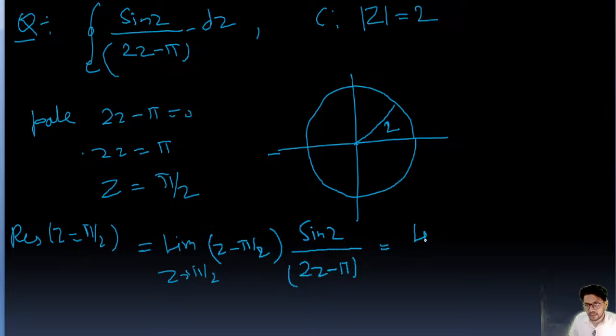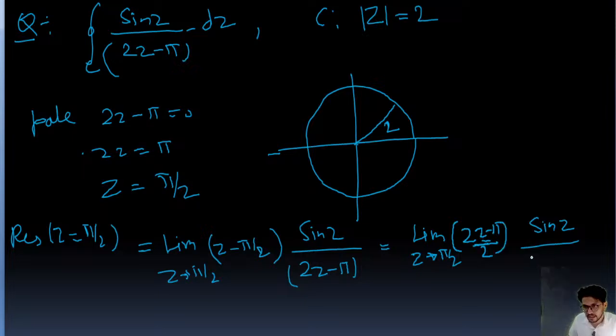This we can write as limit z tends to pi by 2 of (z minus pi by 2) sin z, and in the denominator we take LCM 2, so 2z minus pi is 2 times (z minus pi by 2).